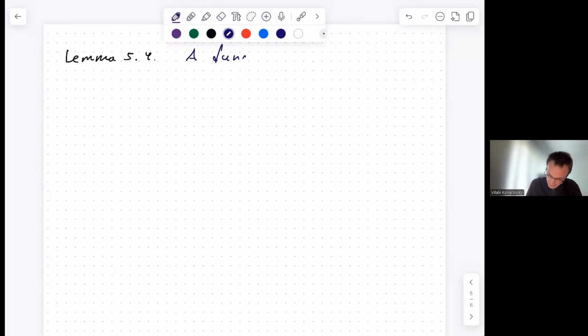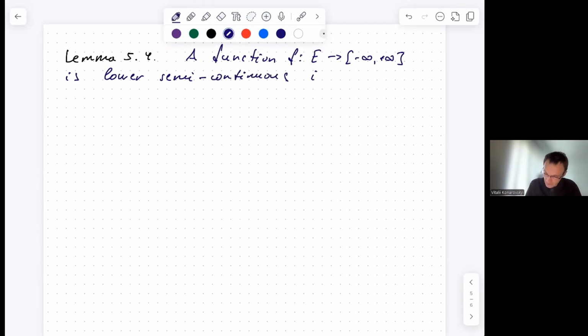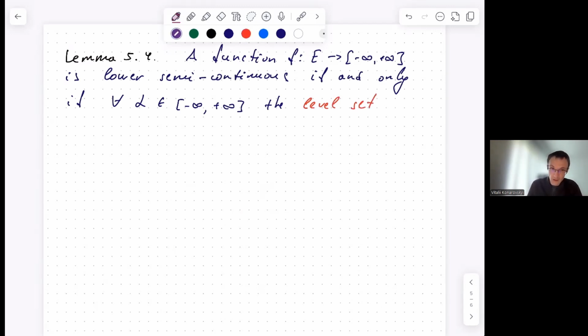A function f from the metric space E to minus infinity, plus infinity is lower semi-continuous if and only if for each alpha from minus infinity to plus infinity, the level set of all x from E such that f of x is less or equal than alpha is a closed set.